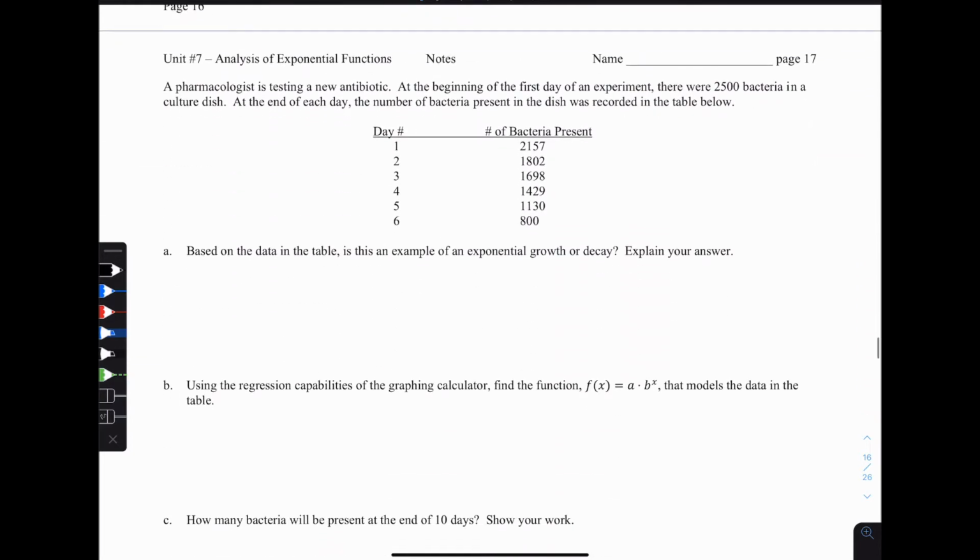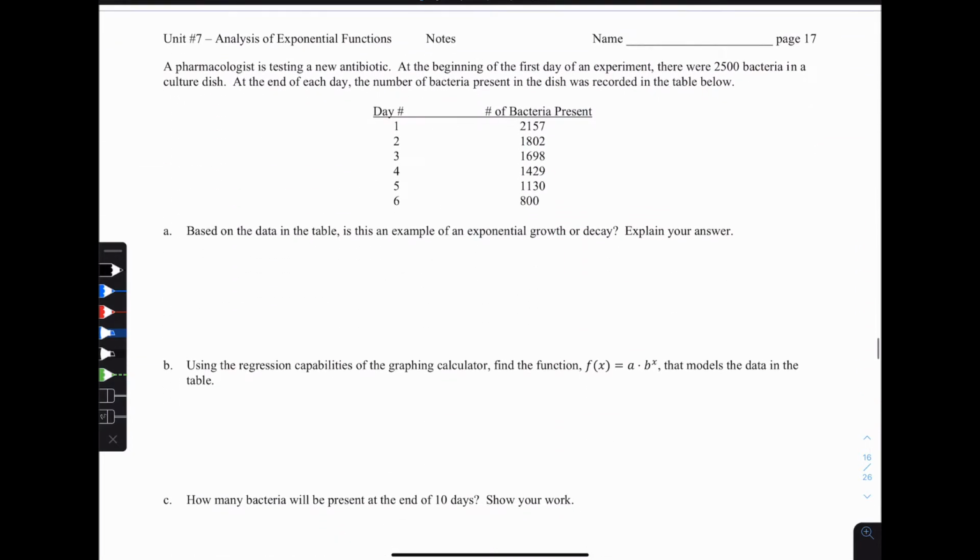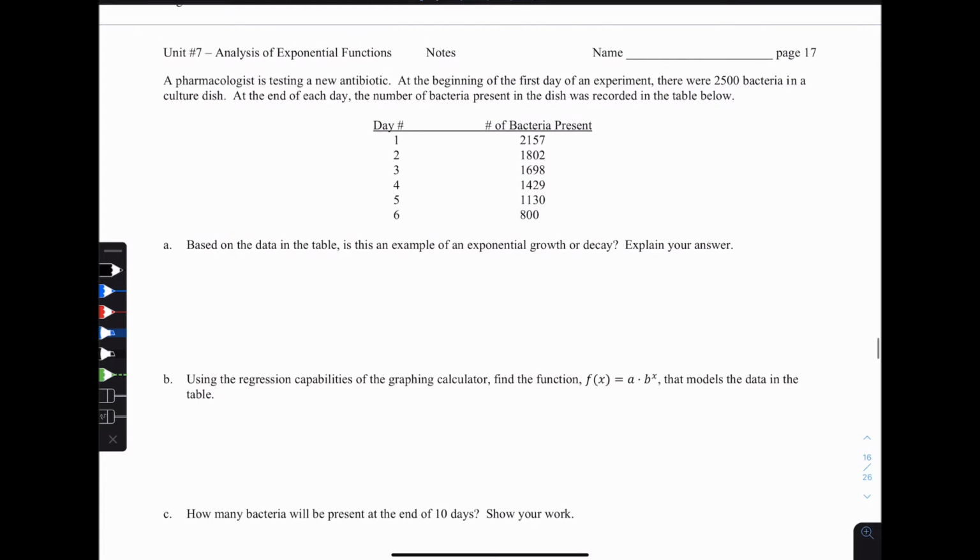So let's read this together, and then we will use our calculator to figure this out. A pharmacologist is testing a new antibiotic. At the beginning of the first day of the experiment, there were 2,500 bacteria in the culture dish. Now that is actually an ordered pair, the ordered pair 0, 2,500.